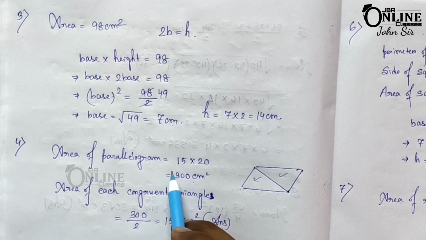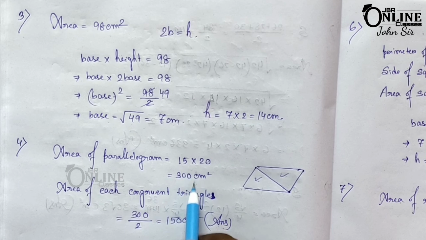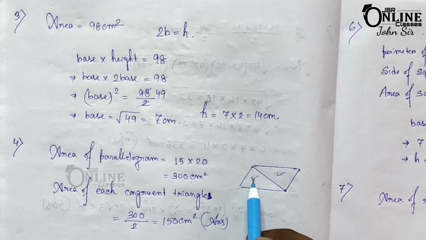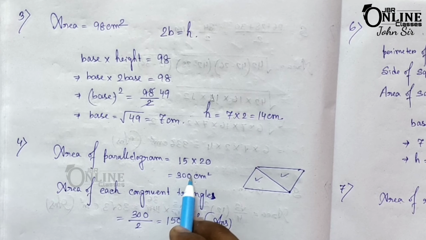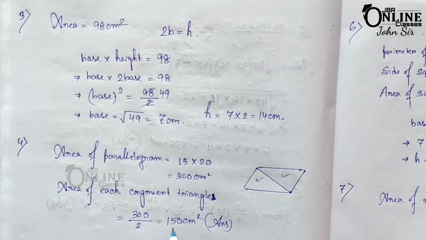So if you divide the area of the parallelogram equally, you will get the area of each triangle. So the area of each congruent triangle would be 300 by 2, that means half of the parallelogram. So it becomes 150 centimeter square.